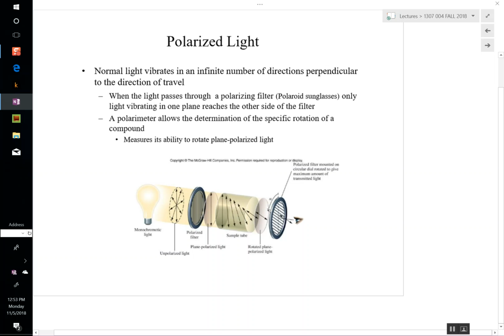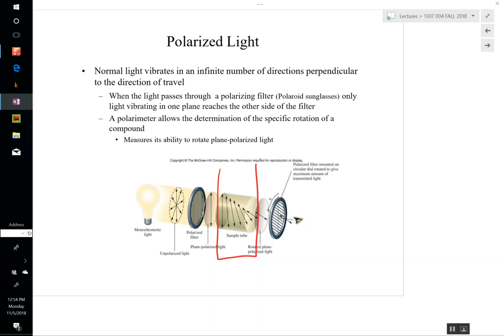The only way we could go in the lab and figure out the difference between D and L would be by which direction it rotated polarized light. You could use a polarimeter to distinguish whether you have the D or the L isomer of a monosaccharide. You take a light bulb with monochromatic light, put it through a Polaroid filter, and it will block not the wavelengths, but the orientation of that light, which way it's vibrating.